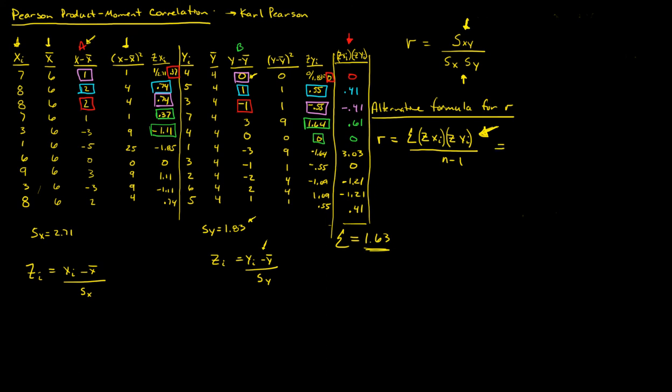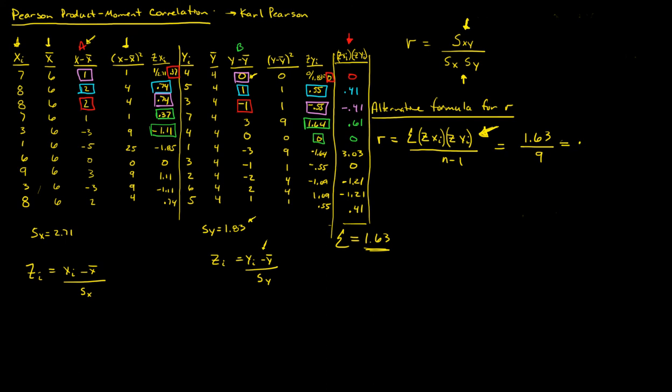The numerator here is going to be positive 1.63. We're going to divide by 9, and I'll double check the math on the calculator quickly. 1.63 divided by 9 gives us 0.18, certainly within rounding error.